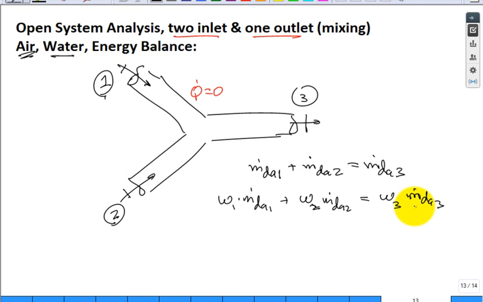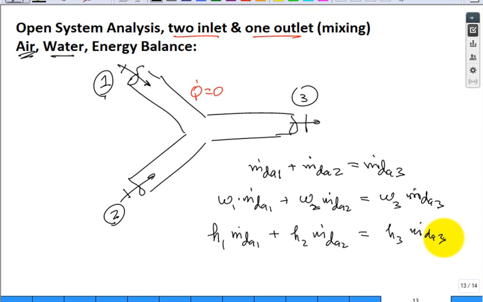All right. How about the energy balance? Let's use the mixture enthalpy at 1 times the mass flow rate of dry air at 1 plus the mixture enthalpy at 2 times the mass flow rate of dry air at 2 equal to the mixture enthalpy at 3 times the mass flow rate of dry air 3. You've seen this pattern a lot in engineering.